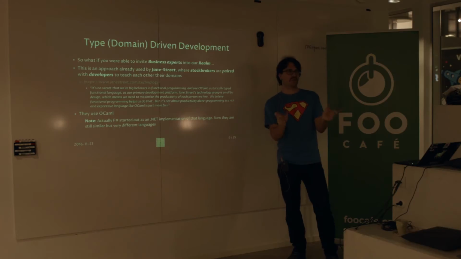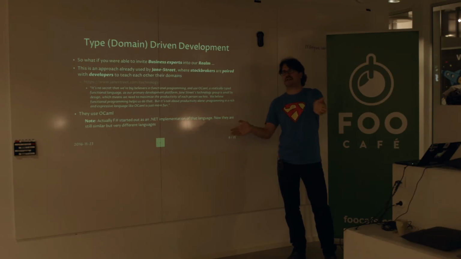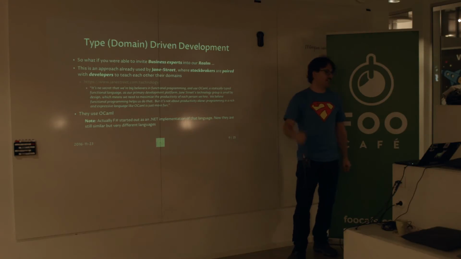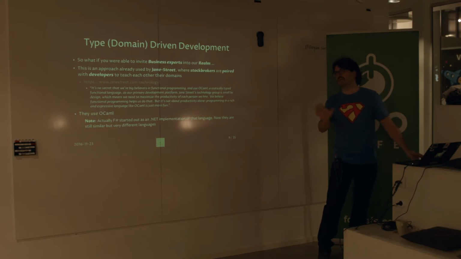Now they're very similar but different, because they have more or less the same paradigm, but they went separate paths. OCaml doesn't have parallelism and F# does, and OCaml has module functors which F# doesn't have. So they have some different things which make the languages really cool on their own.